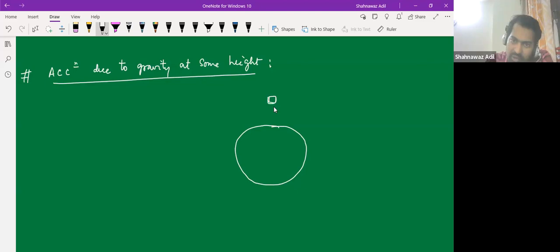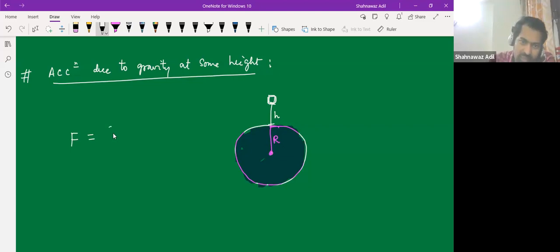So this distance is h, and this distance is r. Again, this is the object, and this whole mass of the Earth will contribute. The gravitational force, again, how much? The whole mass would be situated at the center.